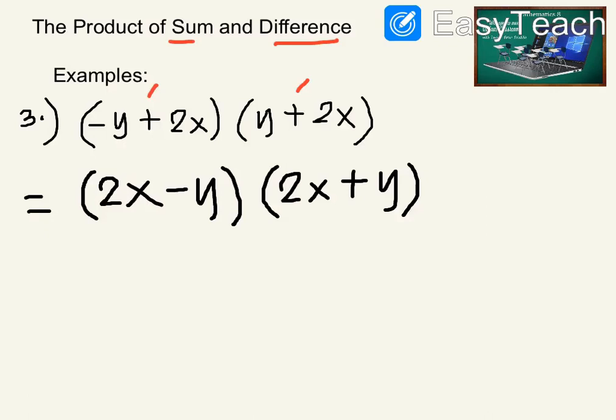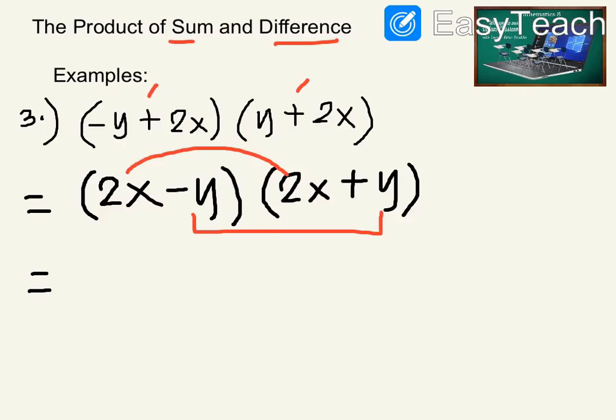Now, again, it will fall under the category of product of sum and difference. So we have, medyo iba nga lang nagpalit sila, di ba? So the quantity of 2x minus y, and the other times the quantity of 2x plus y. But it's the same thing. So again, you're going to multiply the first term times the first term, and then you multiply the last term times the last term.